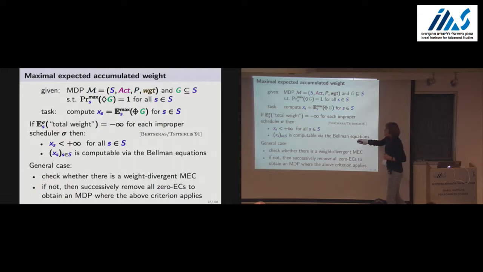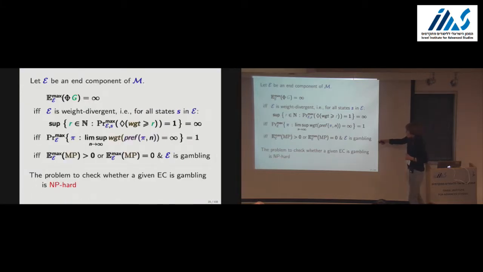So in the end, to answer this question in the general case, we can check this weight divergence for all the maximal end components using this criterion and this polynomial time algorithm in case that the max mean payoff is 0.